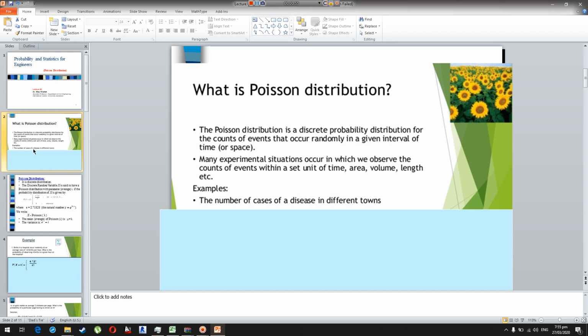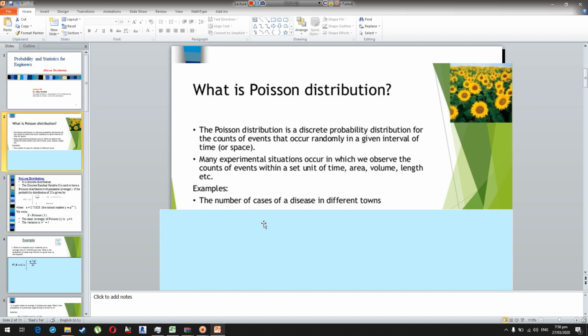Many experimental situations occur in which we observe the count of events within a set of time, area, or maybe volume, length, etc. For example, the number of cases of disease at different times, or we want to check the probability of the number of vehicles at a toll collection plaza in 1 hour, or maybe the number of students entering a class in 5 minutes.